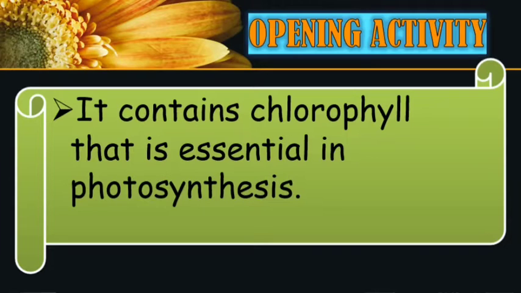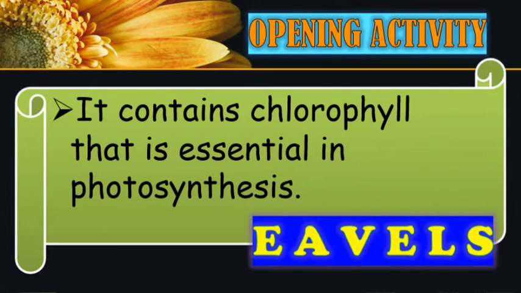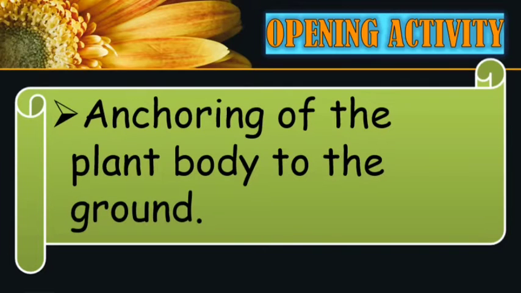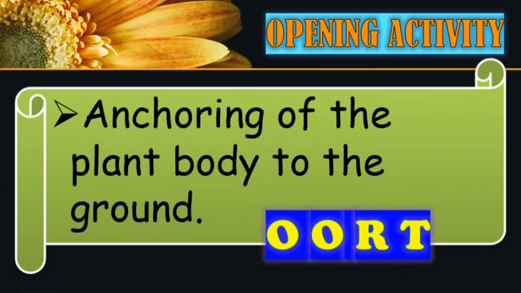What part of a plant is that? Okay, that is the leaves. Next one, anchoring of the plant body to the ground. You have any idea now? This is root.